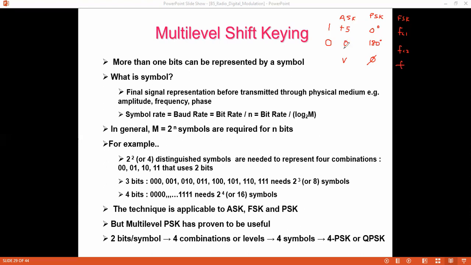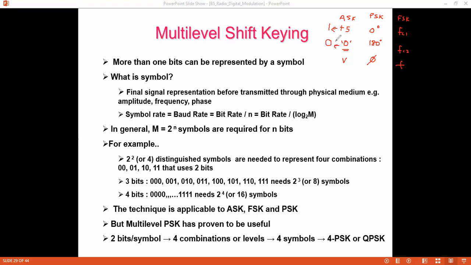One symbol like this one, 0 voltage, represents 1 bit. One symbol of 5 volt represents 1 bit, bit 1, and this one bit 0. So that's what is meant by one symbol represented by 1 bit.